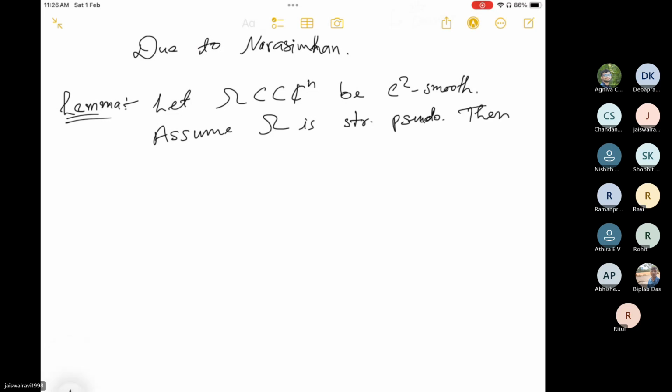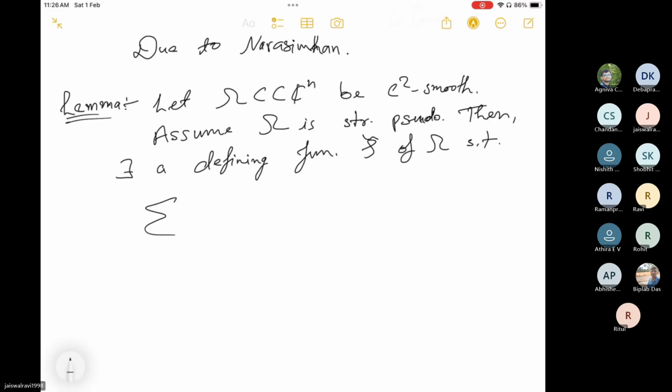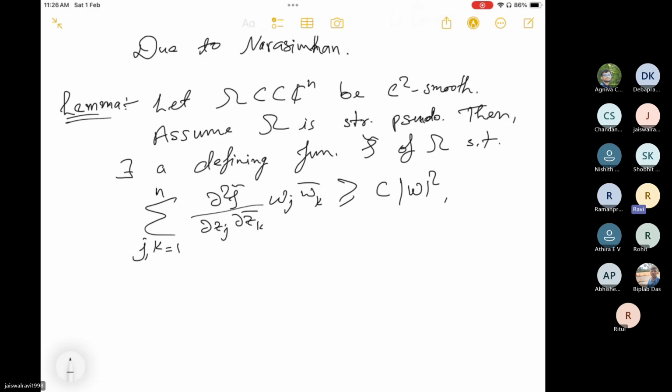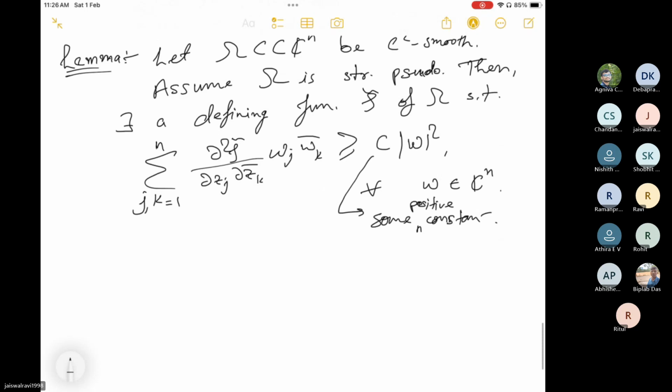Then there exists a defining function rho tilde of omega such that the Levi form, sum over j, k equals 1 to n of del square rho by del zj del zk bar times wj wk bar, is greater than or equal to some constant times mod w square for all w in C. And here C is some positive constant.